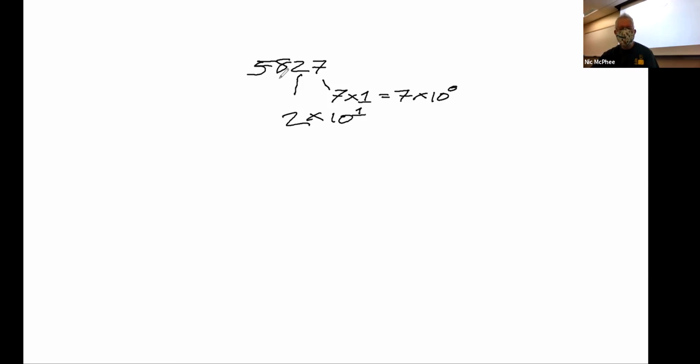And now 8 is what? 8 whats? 8 frogs, 8 geese, 8. Yeah, it's not ones, it's not tens. Now we're at hundreds, right? So it's 800. And 100 is 10 squared.